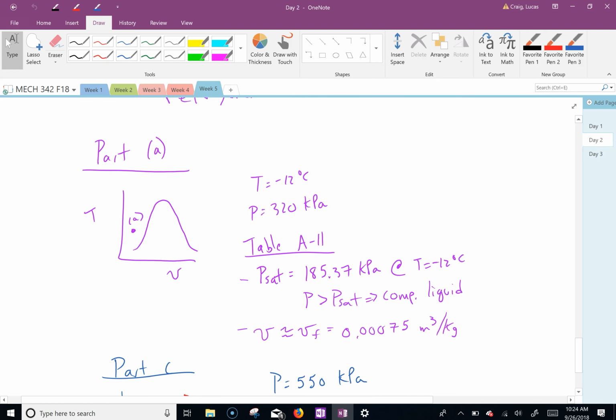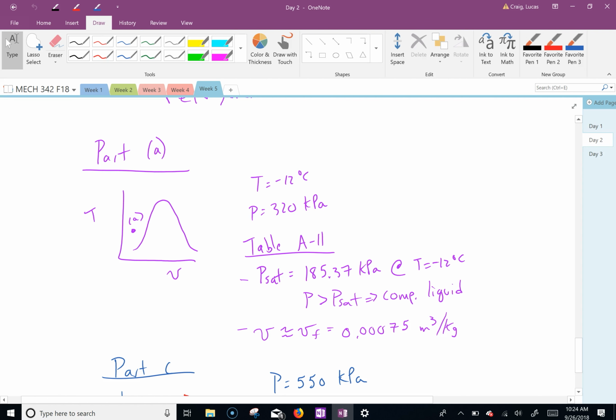So A, temperature was negative 12 degrees C, and the pressure was 320 kilopascals. So what did we do? We found P sat to be 185 at that negative 12, and we compared P to P sat.